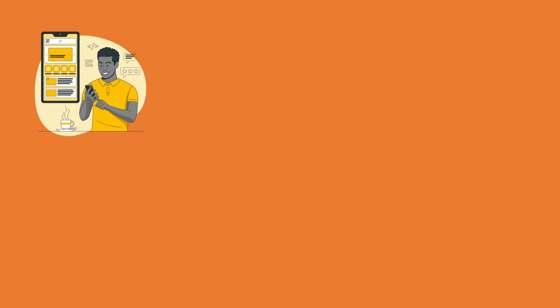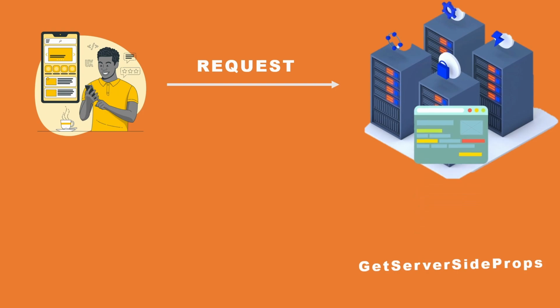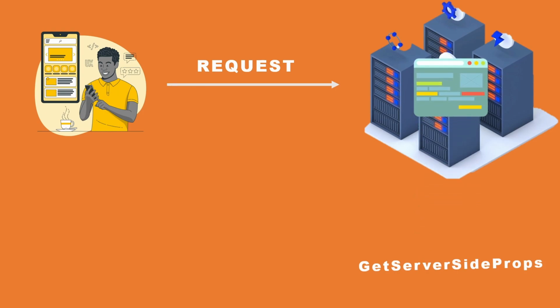First, the user will request the server, saying I want a certain page. Then the page will trigger getServerSideProps. With the help of getServerSideProps, it will pre-render the page, and the server will return it.